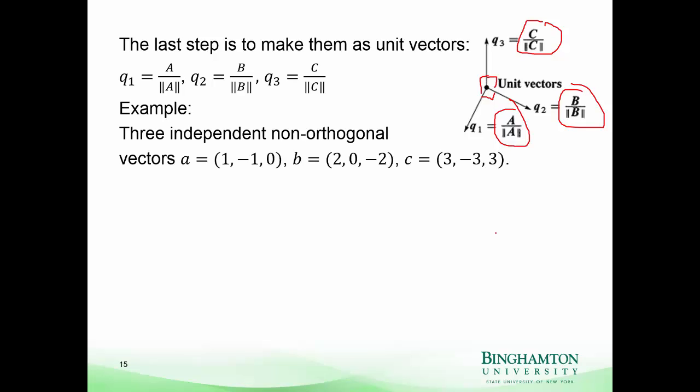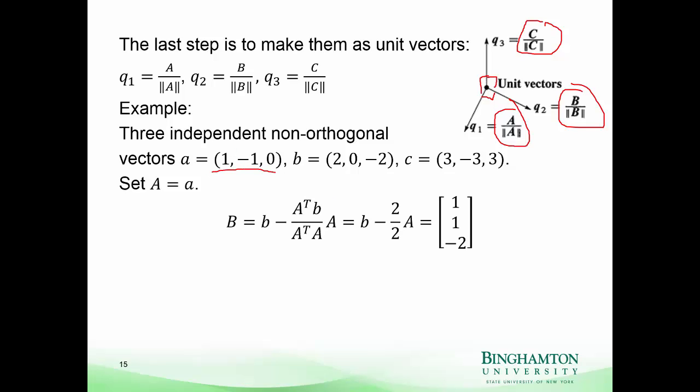So here's an example. Here's our original A, B, and C spanning some subspace. We set our big A, remember, equal to the original given A. And we do our process. So we just calculate this projection coefficient.